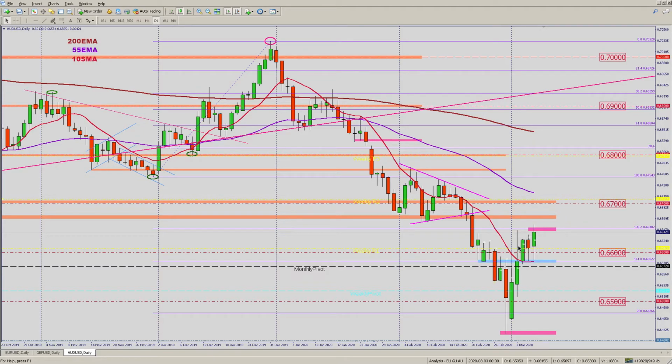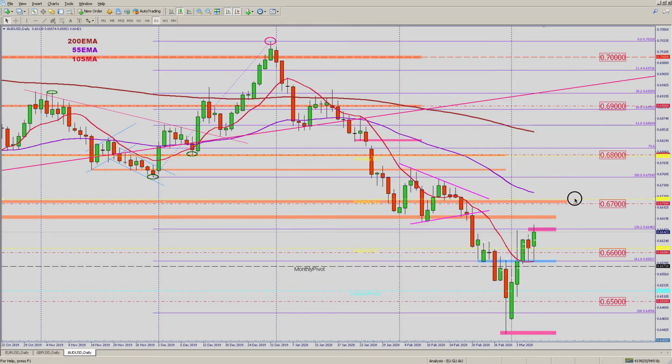And this coming week there's a couple of news items from China at the start of the week, with Chinese trade balance on Monday and the CPI figure on Tuesday. Nothing else for Australia for the rest of the week. So we'll see how it performs, and basically all are dependent on how the US dollar index moves. We'll see whether it's able to reach the 0.67 level.